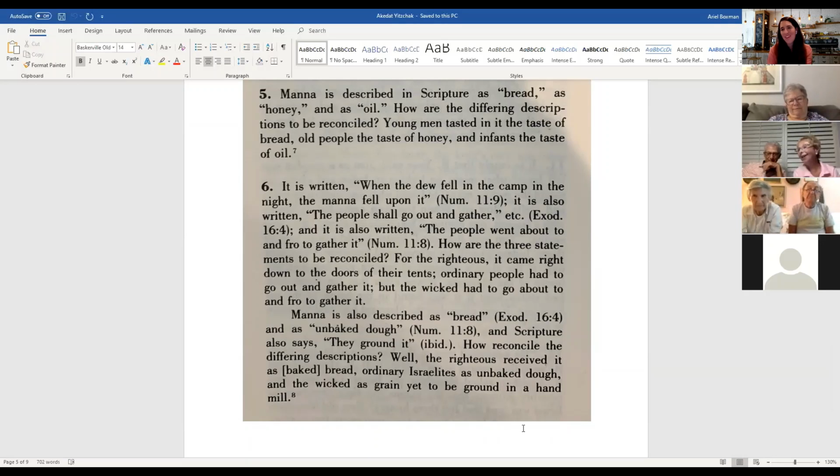All right, so similar to where you were going, right? So the truly righteous had a finished product, the bread. Those that were just kind of average, they had the dough that they had to figure out what to do with. And the wicked, right? They had to start from the first step. They had to grind the wheat, the grain. All right. Good. Very nice.